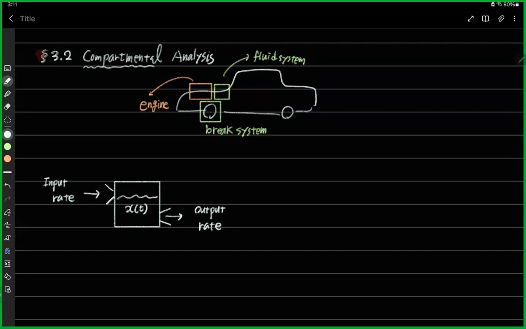So here x of t represents the amount of the substance in the tank at time t.